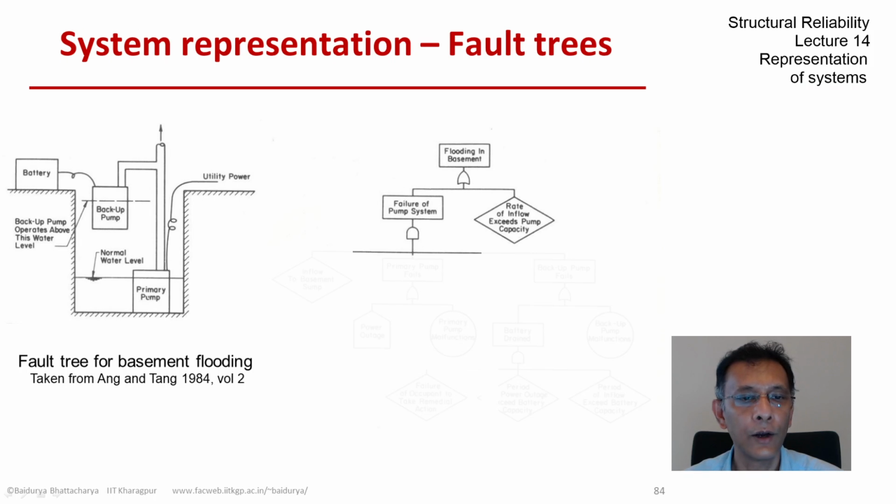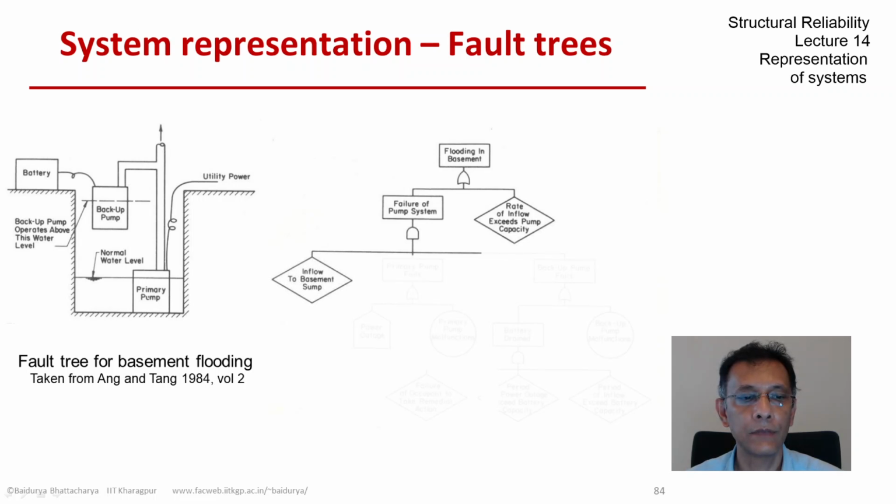So we have the top event, flooding in basement, that can happen either if the pump system fails or the inflow exceeds the pump capacity, and then that second event requires no further development, so we'll just look at the first event, the failure of the pump system.